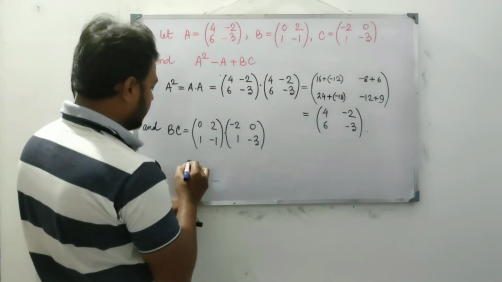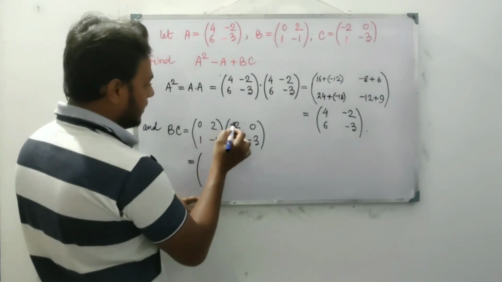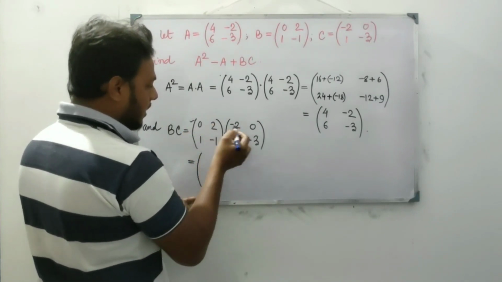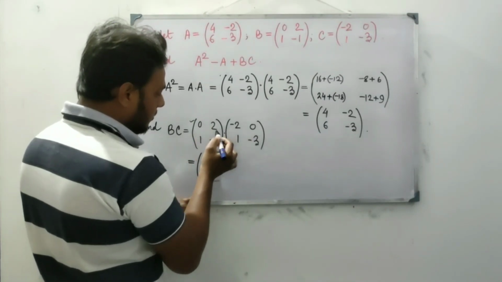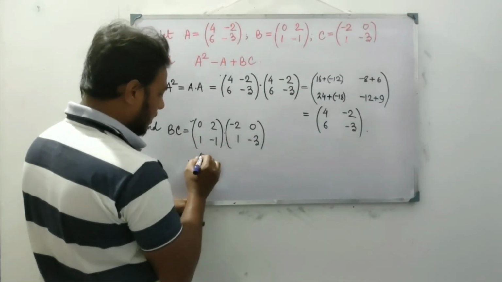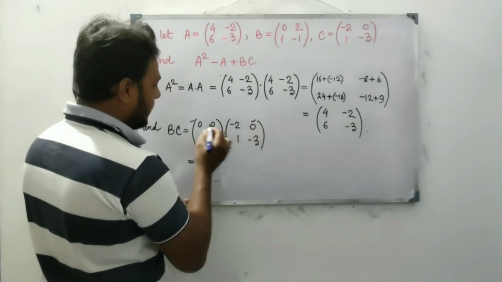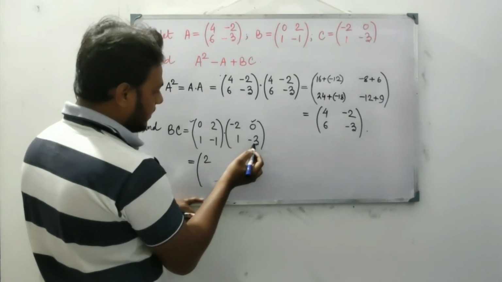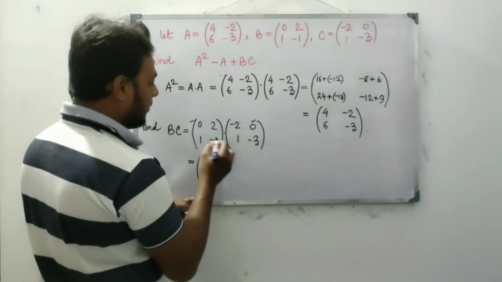I will solve it directly. Consider the first row and fix it, with the inner product with the first column. So it will be 0 plus 2, that means 2. Now with the second column: 0 plus 3 2s are minus 6, so minus 6 itself. This completes the first row.